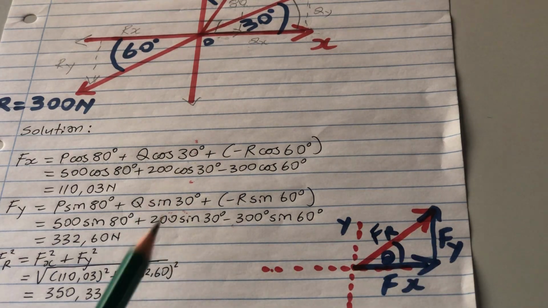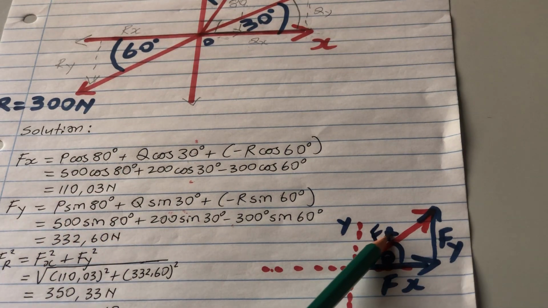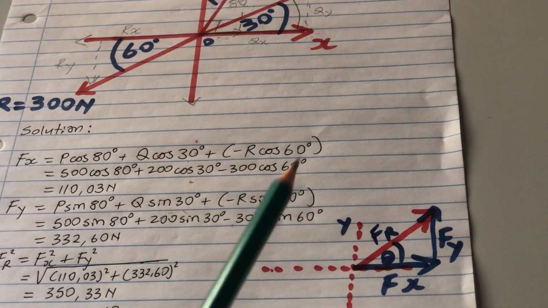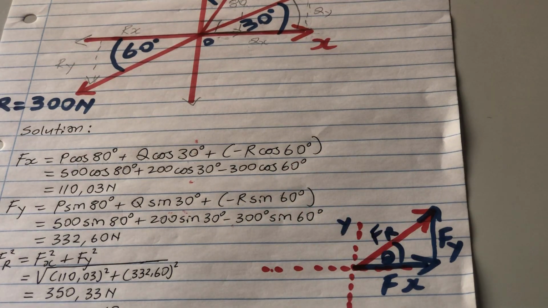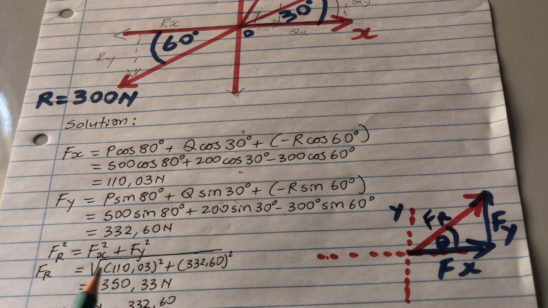And remember, I'm not only looking for the magnitude of this resultant. I'm also asked to calculate the direction. But let's first calculate the size of this resultant. I already said that we will use the theorem of Pythagoras.